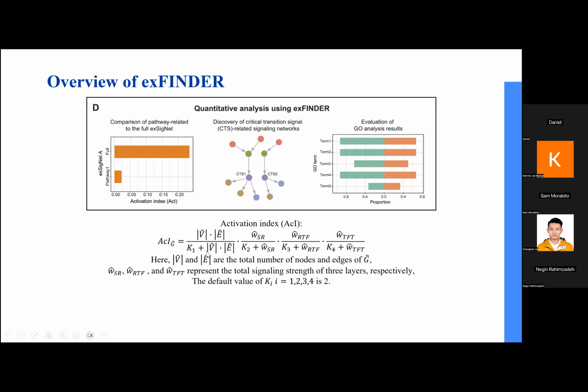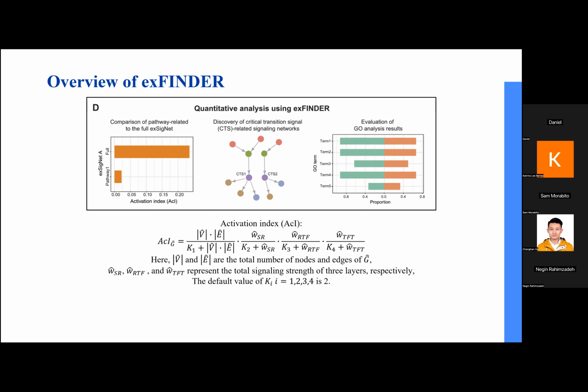Basically, the first term includes the total number of nodes and edges for this network. So the first term considers the general size of this network, and the next three terms describe the total signaling strength for 3 layers. That's receptor to TF to the target, which is 3 layers. And then we combine all these factors together. We quantify the activation index.